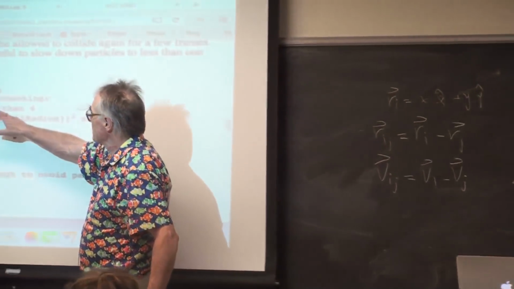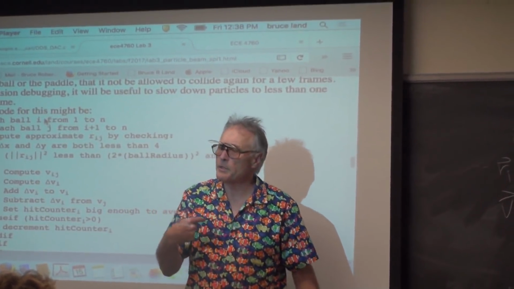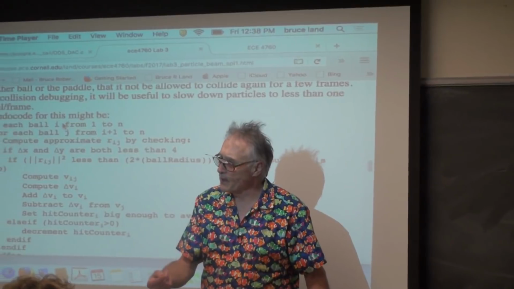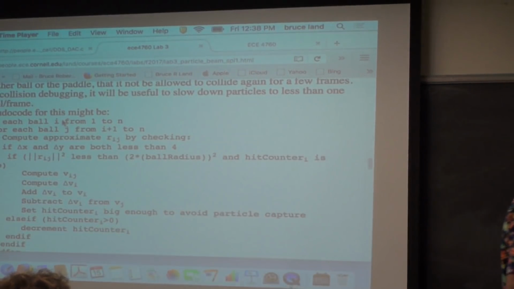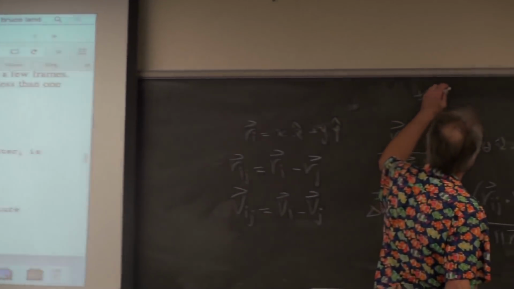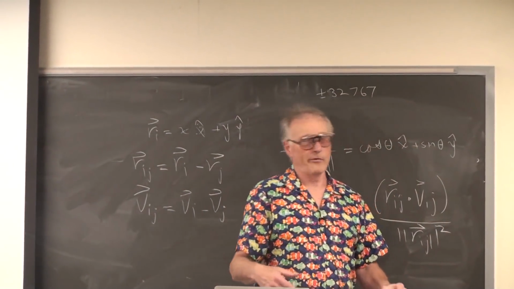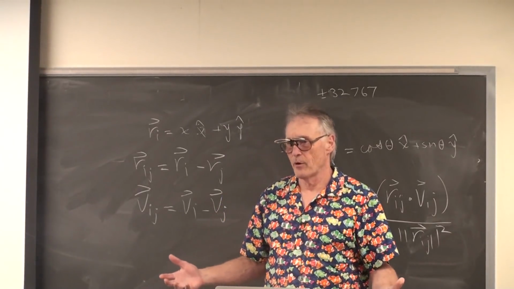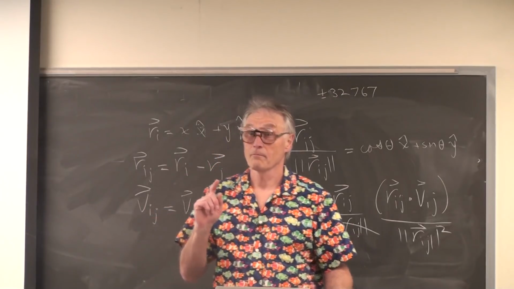The reason is that we're going to have to check that x and y are both less than 4, because we're going to be using fixed point arithmetic, which has a range of plus minus 32,767. You say, well, nothing on the screen can ever be that far apart, but it can if you square it.